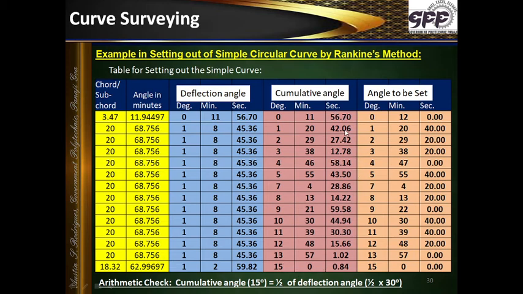Now 0 degrees 11 minutes 56.70 seconds can be rounded off to 60 seconds, and 60 seconds will make 12 minutes. So this will be read as 0 degrees 12 minutes 00 seconds.